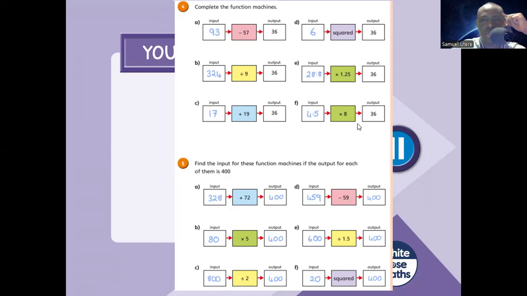Okay, so these are the answers. And then here, question 5, you're asked to find the input for these function machines if the output for each of them is 400. Okay, so you're given the output, and then you have to do the inverse operation.